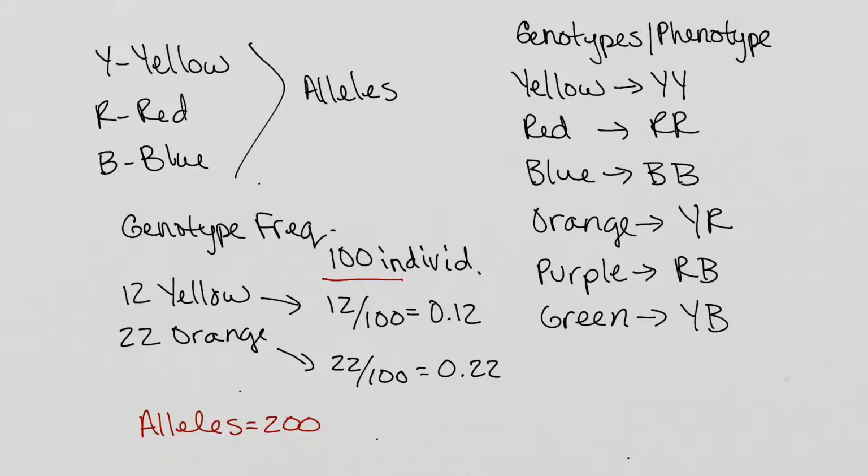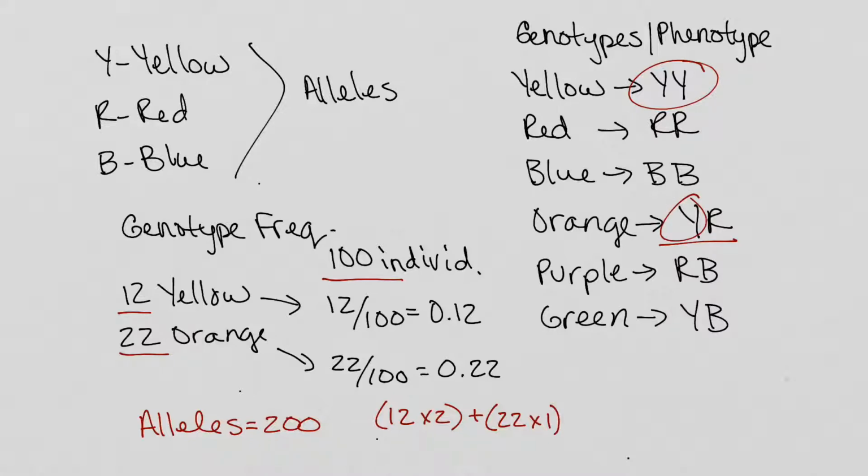Now, if we want to know the frequency of the yellow allele, for example, I would look here and see that I've got 12 individuals that are yellow, but each one of those 12 has 2 copies of yellow because we said yellow is YY. So I've got 12 times 2, plus these orange individuals also have some yellow in them. We've got 22 orange individuals, but that one I'm only going to multiply by 1 because orange has 1 copy of yellow.